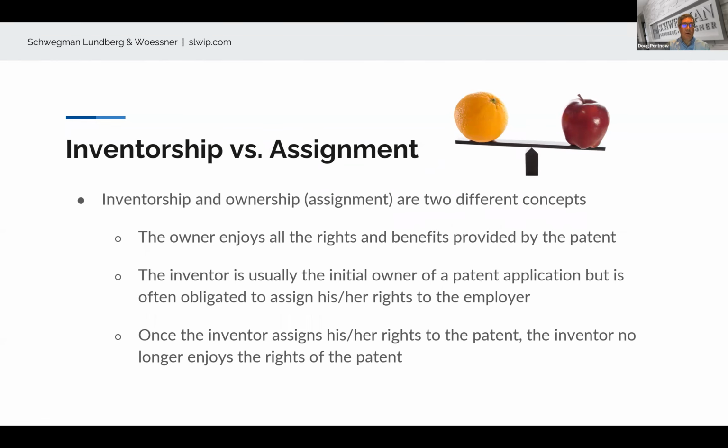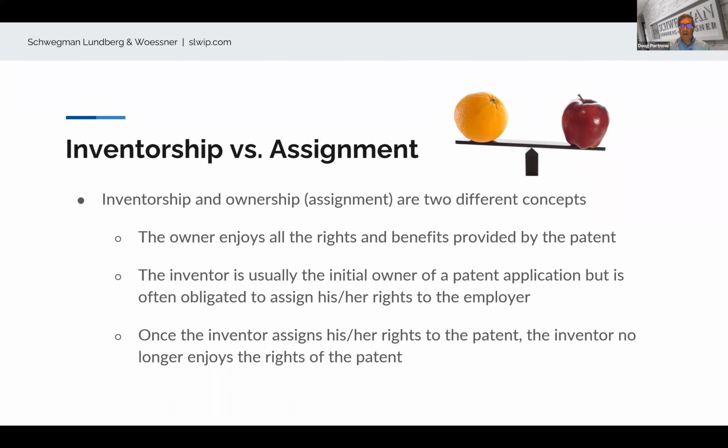So we want to also just clarify that inventorship and assignment are really two different concepts. So assignment is the process of transferring ownership. And whoever the owner is of that patent or that intellectual property, the owner enjoys all the rights and benefits that are provided by that patent. In patents, the inventor is usually the initial owner of the patent because he or she is the inventor.